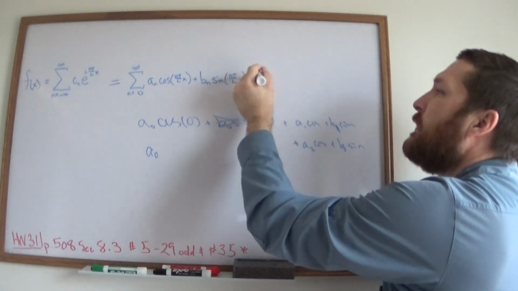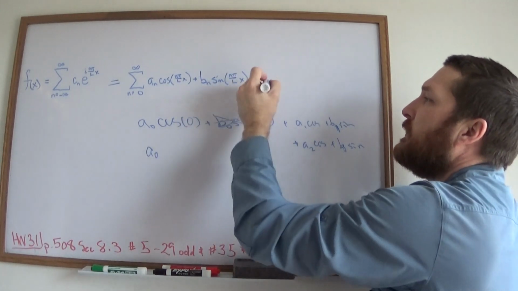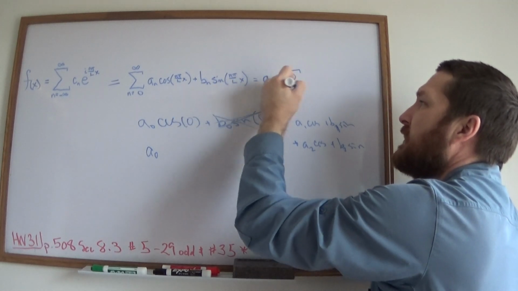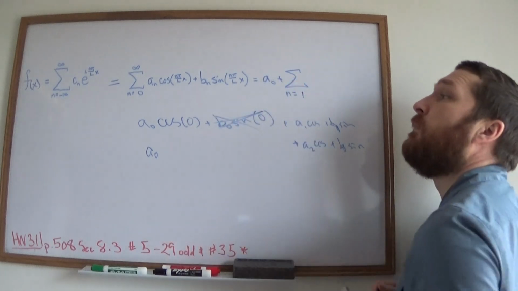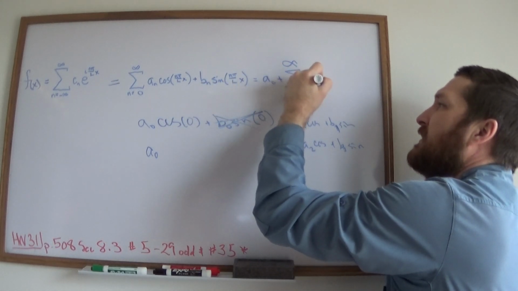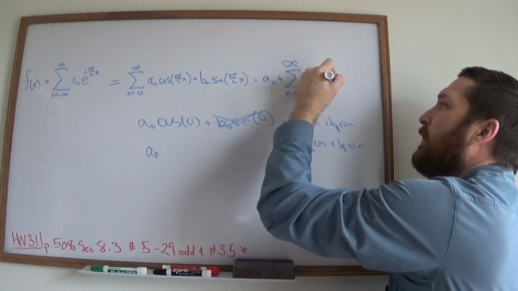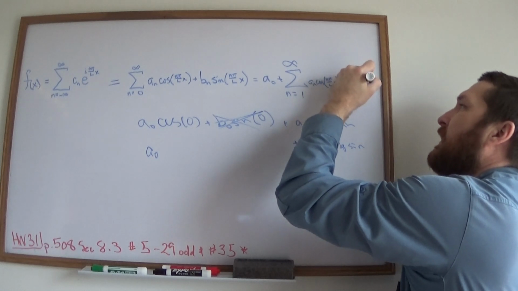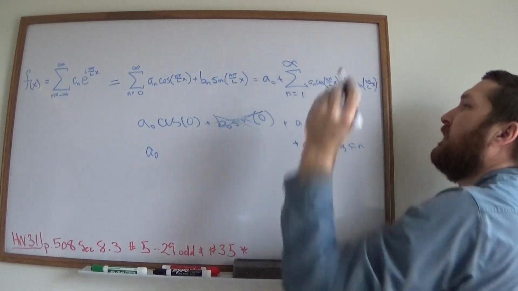And so in practice, it's easier to rewrite this as just a0 plus the sum as n now goes from 1 up to infinity of the an's cosine n pi over L x plus bn sine n pi over L x, like that.